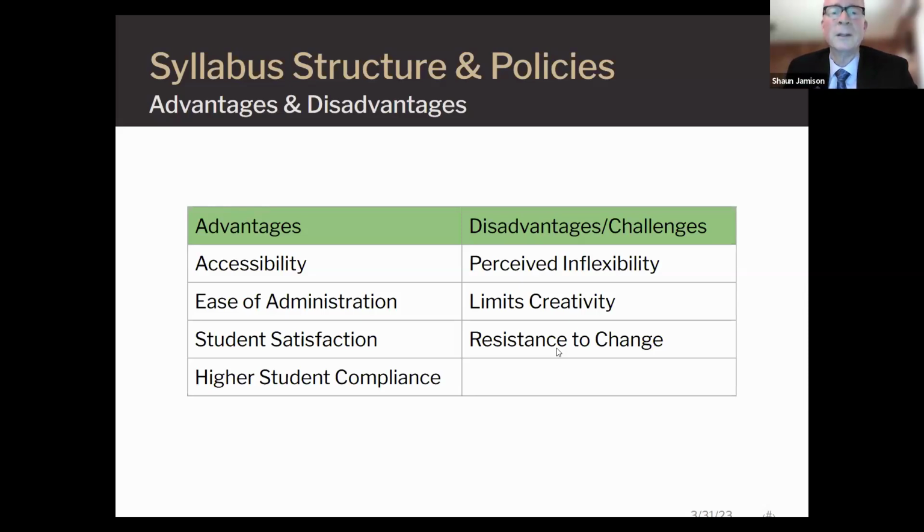What am I expected to do? What classroom does this meet in? What days? What's the late policy? How much is each assignment worth? All that kind of stuff should be very easy to see and laid out in a very similar way. And so the advantage really is that accessibility for students.